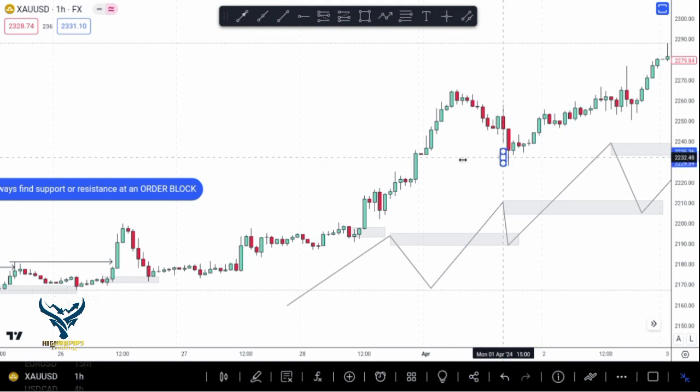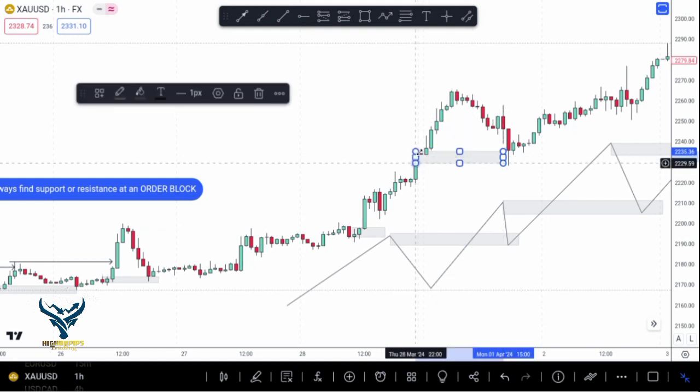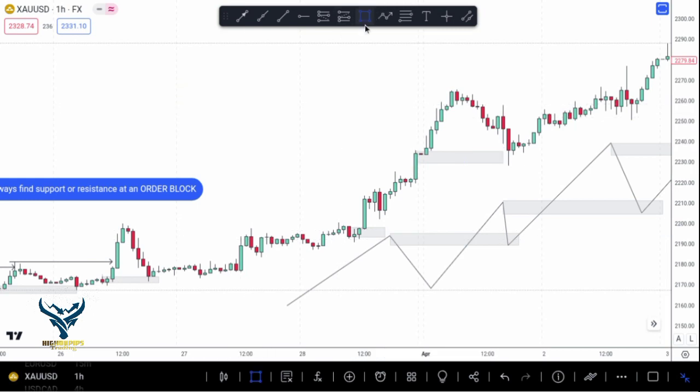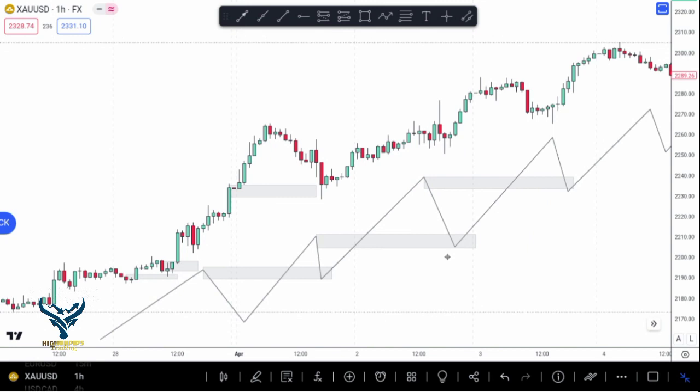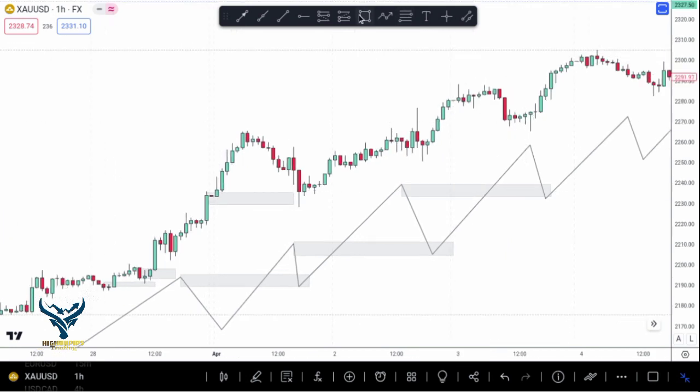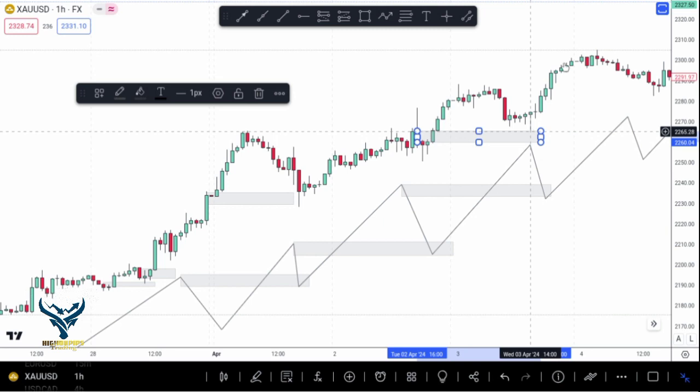Now if you stretch, there's an order block, this small order block here. You're going to buy over here. Here is another order block, small opportunity to buy over here, right? Here's another small opportunity to continue buying. There's this order block here. You could have bought here.